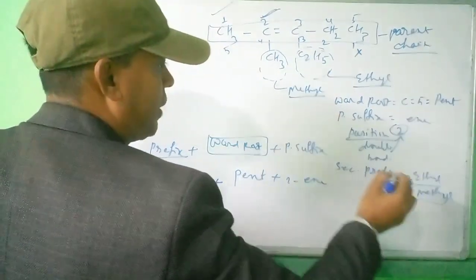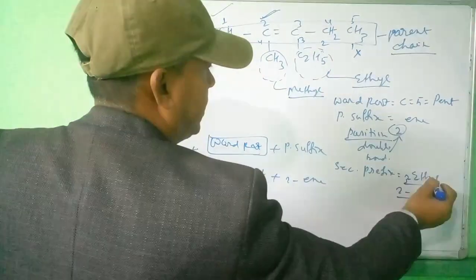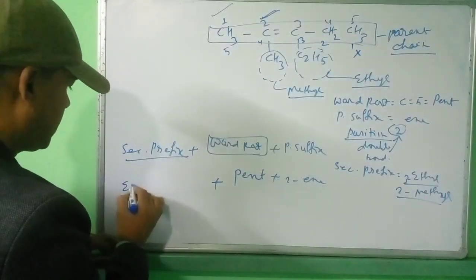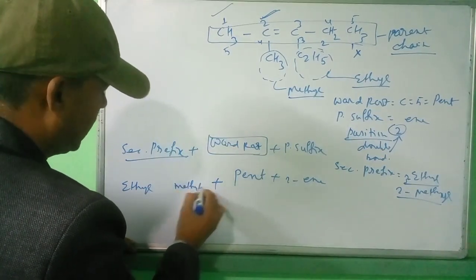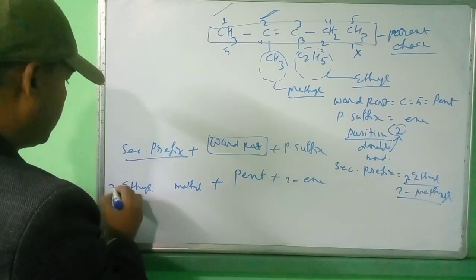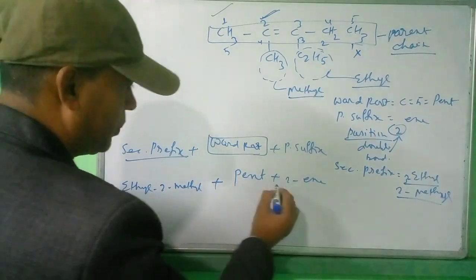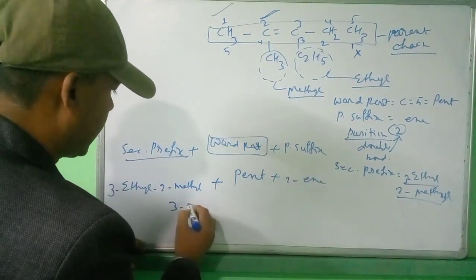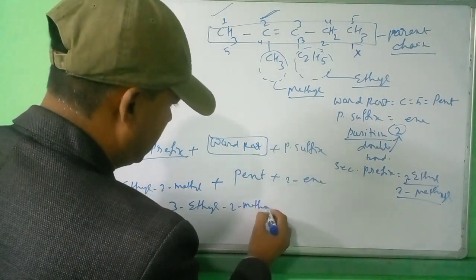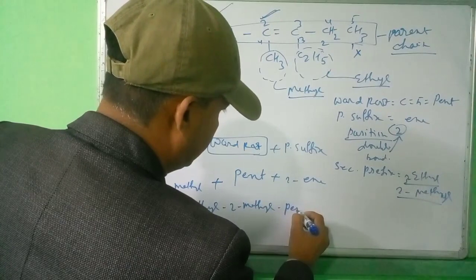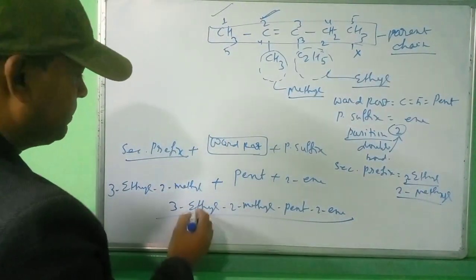Alphabetically, priority order alphabetical, E at first. So ethyl can be written first, then methyl. Position: so 3 ethyl, 2 methyl, pent 2 ene. So now 3 dash ethyl dash 2 methyl dash pent 2 ene. So this is the final.